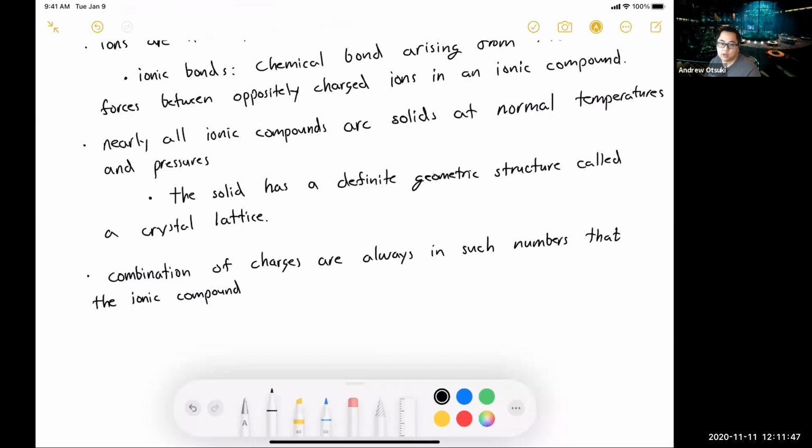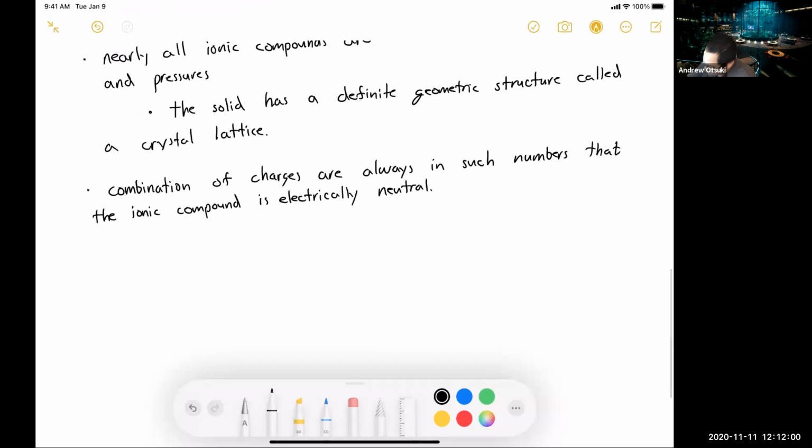So for example, say I have sodium chloride. In sodium chloride, there's one sodium ion and one chloride ion. Remember, sodium is in the first column, so it has a plus sign. And then chloride is in group 7 of the halogens, so it has a -1 charge.